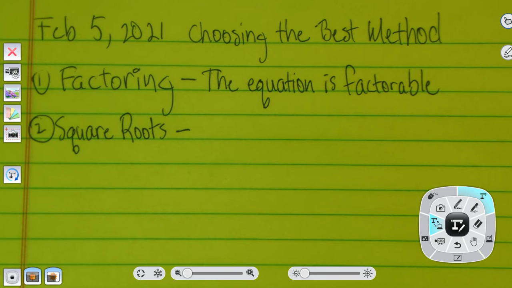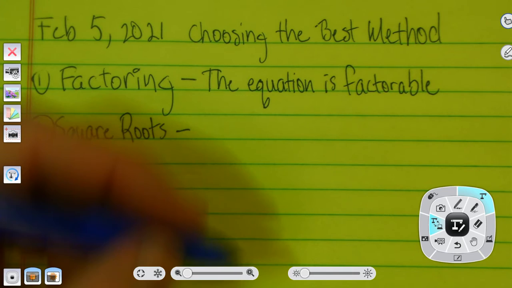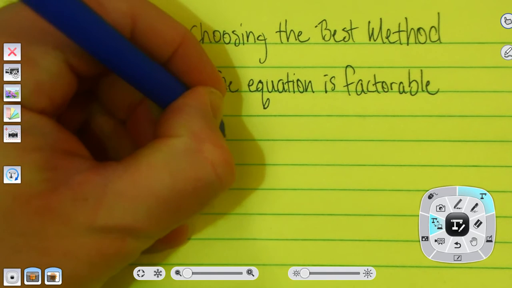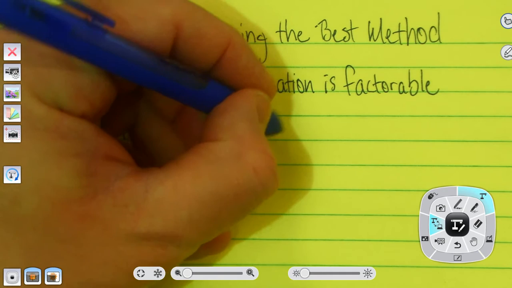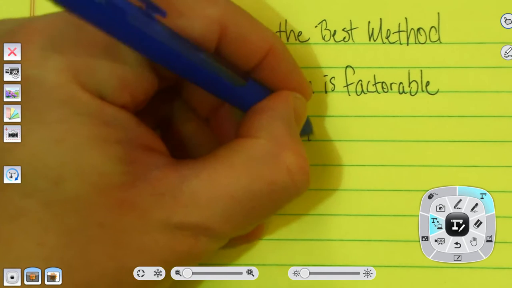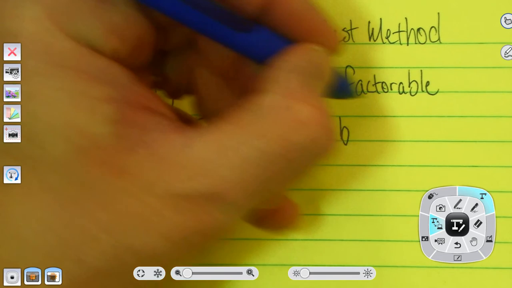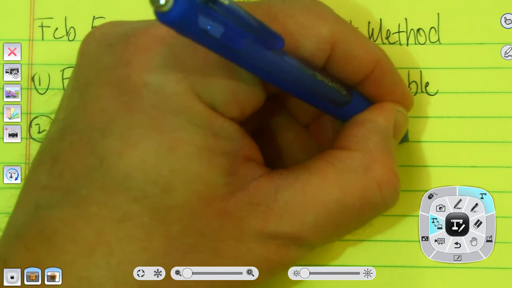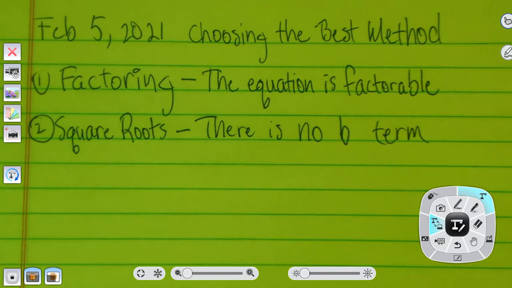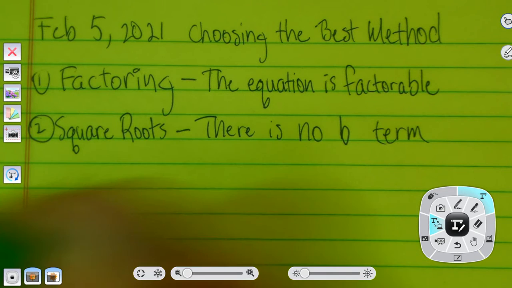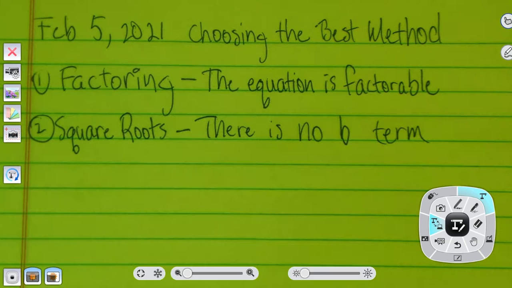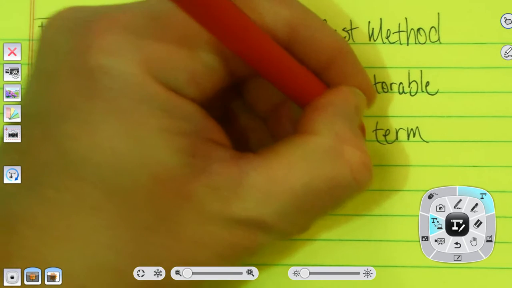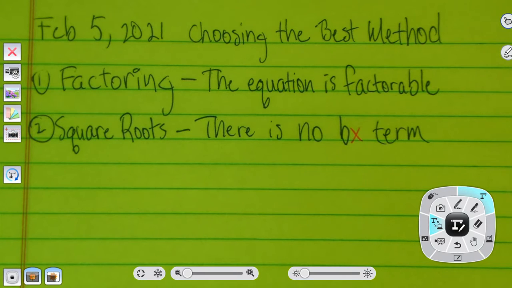And we stated in that lesson that that's the best method, and we can really only use it when there is no B term. Remember, the B term is the one that has the X, not the X squared, but just the X.